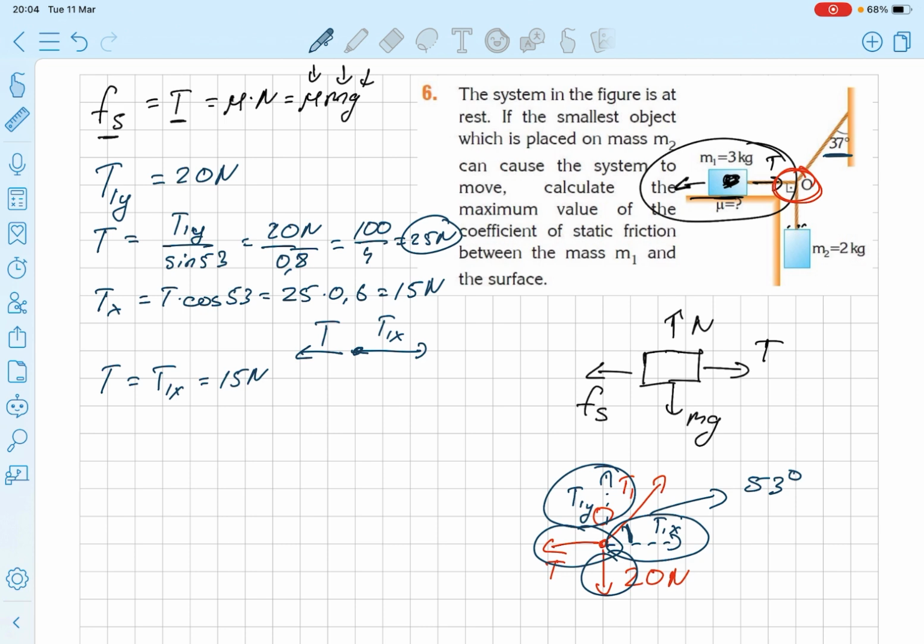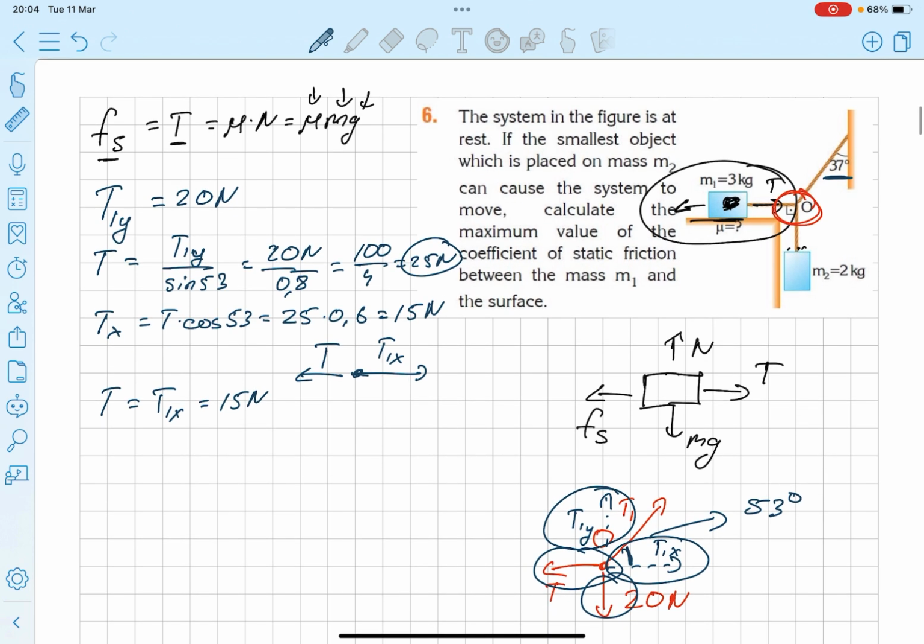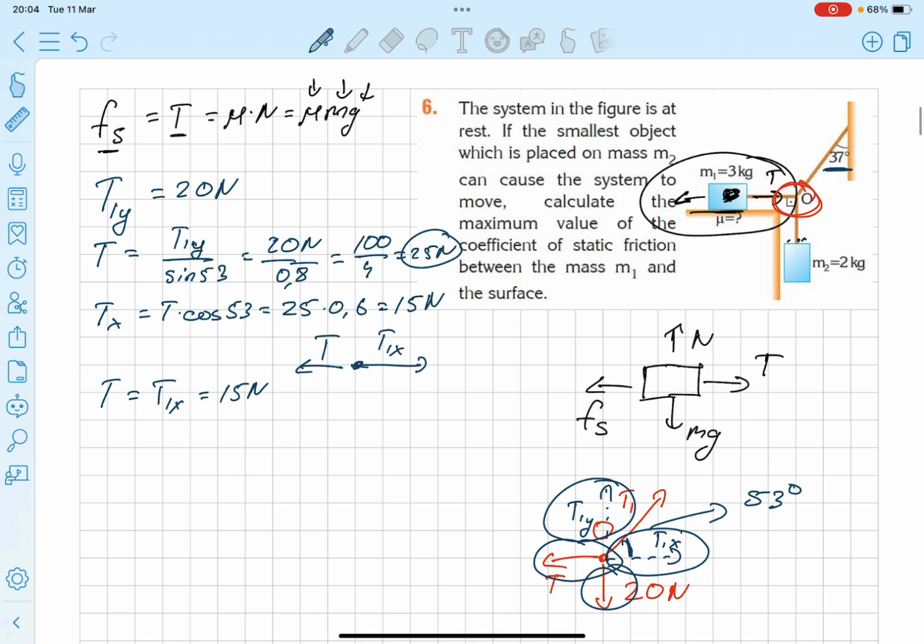And if you see, tension itself is equal to the force of static friction, yeah? So that means the force of static friction itself is equal to 15 newtons, because it is equal to tension. So here we know the value of the force of static friction.